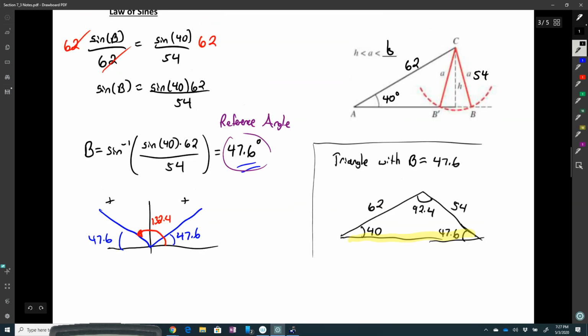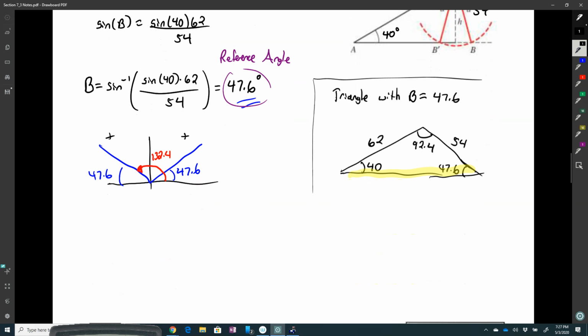So since I'm using the law of sines, I'm going to stick to the law of sines. So I can say this is C. I'm looking for a side, so I'm going to put that on top. C over sine of 92.4 is equal to, and I can choose whichever one I want, I'm just going to pick the A, so 54 over sine of 40.